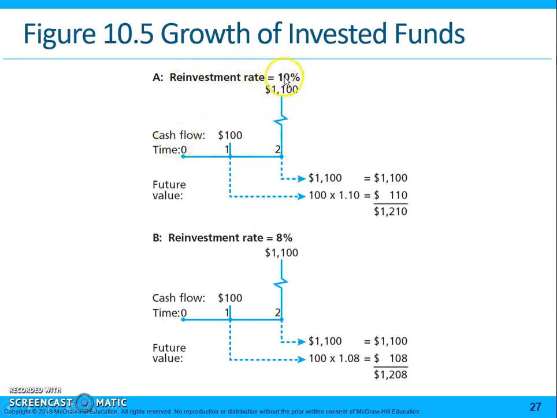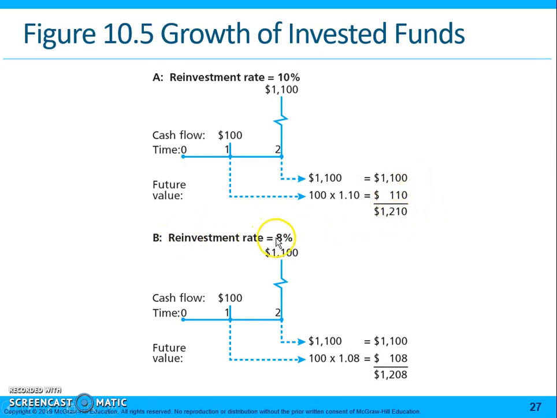If the reinvestment rate is 10%, we're going to earn 10% on that coupon. And so at the end of 2 years, we will have received the $1,100 plus $110 or $1,210.